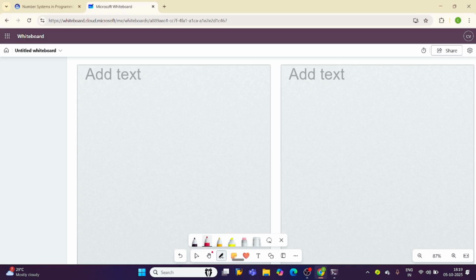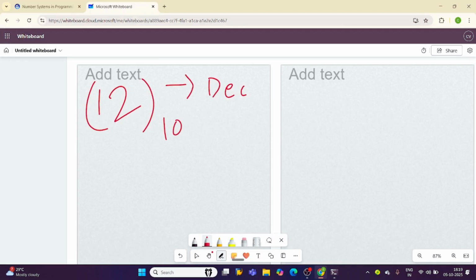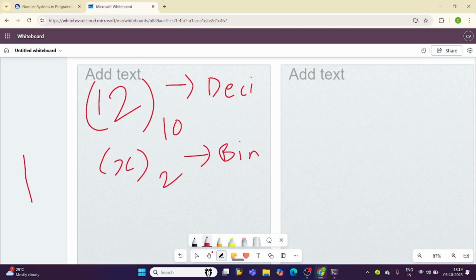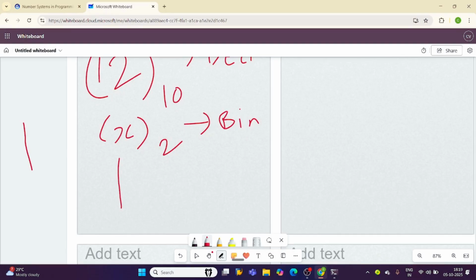Take the number 12 as a decimal number. We need to convert it into binary form, so let the binary form be x. To convert it into binary, you divide by 2, since the base of a binary number is 2. Dividing gives 6 as quotient and 0 as remainder.